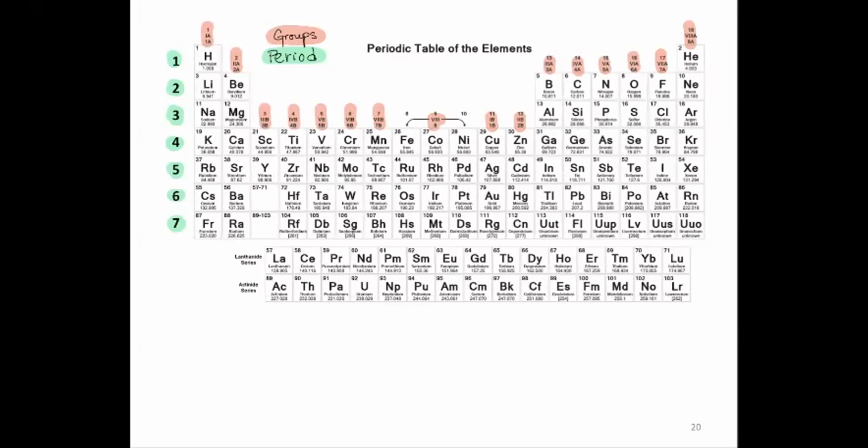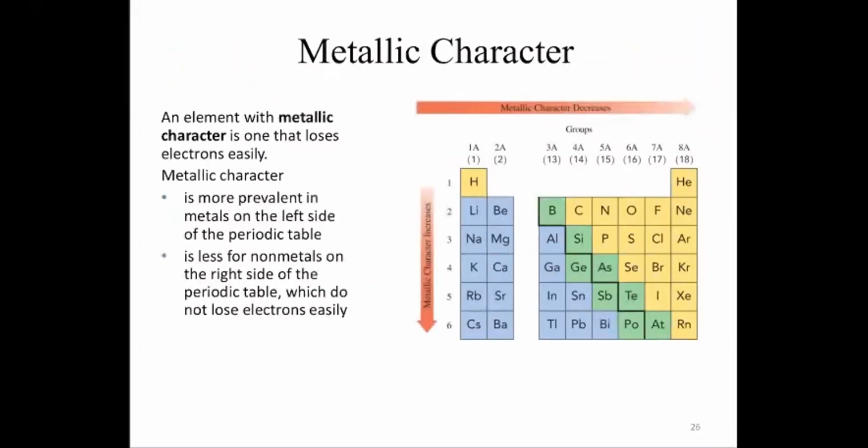Let me just go back here. The metallic character is illustrating that something is able to lose electrons easily. It doesn't tell you if something is a metal or not. There is a trend, right? The most metallic things are going to be towards the left of the periodic table.